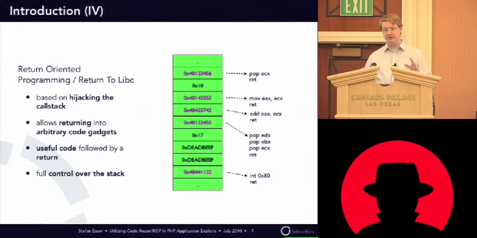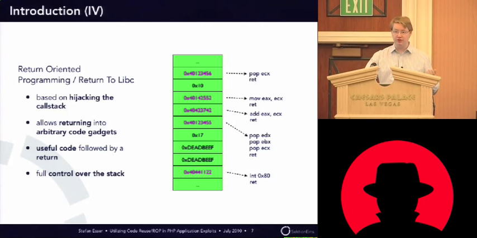When you look at return-oriented programming on the low-level side, for example x86, you see that all these techniques, return-oriented programming and return-to-libc, are based on the fact that you somehow hijack the call stack of the application. You manipulate the call stack in a way that the return instructions present in the application will return to code you want it to execute.